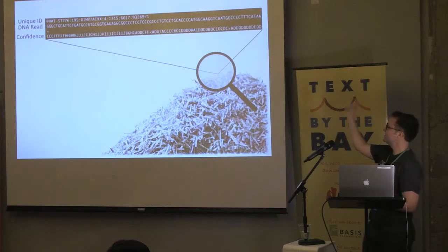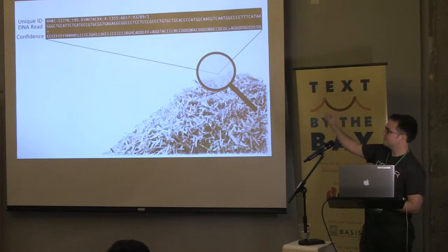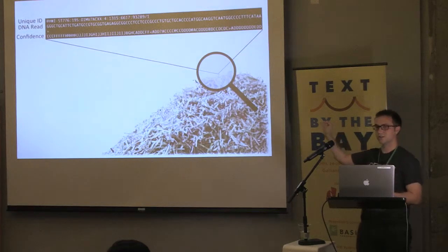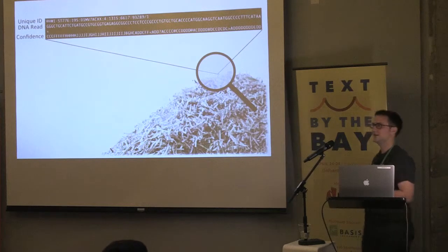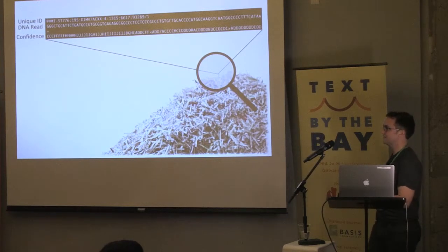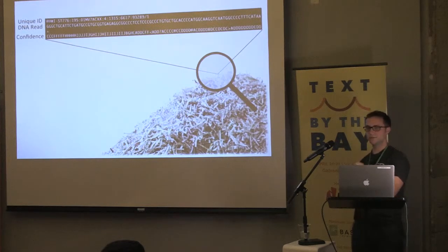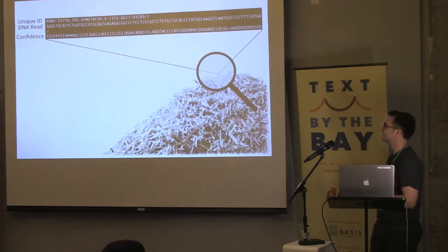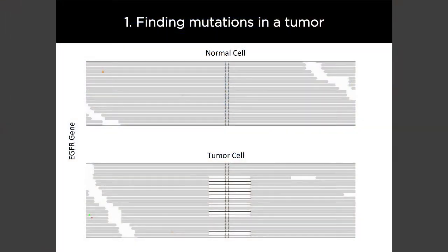The DNA sequence, the A's, C's, G's, and T's, and then individual confidence scores on each one of those letters, because the sequencer itself has a little bit of knowledge about how confident it is in every single base pair that it reads. So you can use that when you're trying to figure out what the data means and how much you believe things. So this is the first kind of thing that we look for, mutations.